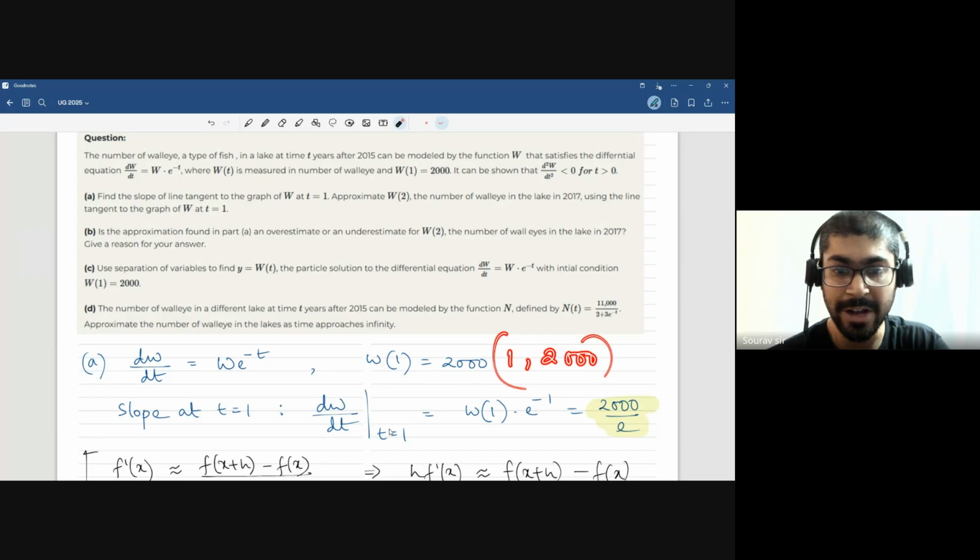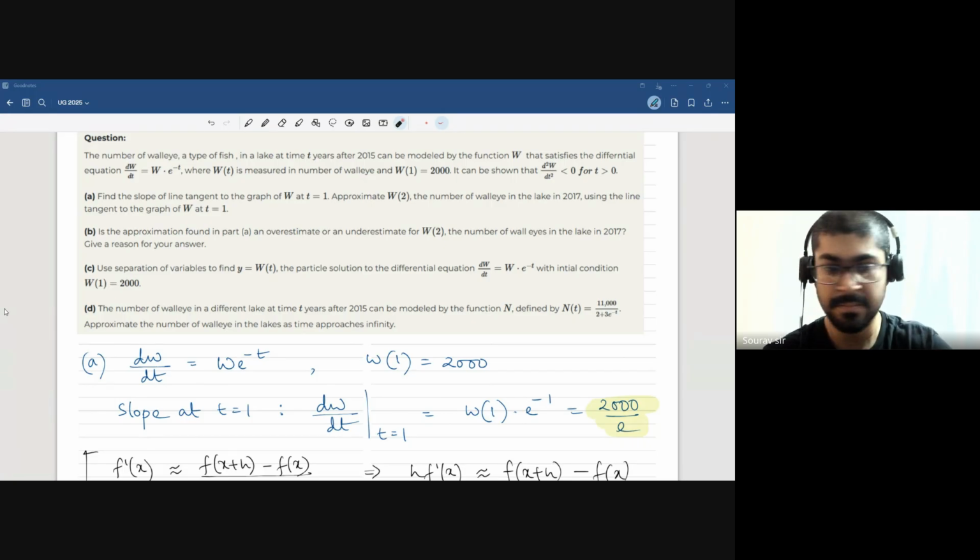How do you calculate the equation when you have point of contact and slope? How do you calculate the equation of the tangent? Come on. Exam is tomorrow.